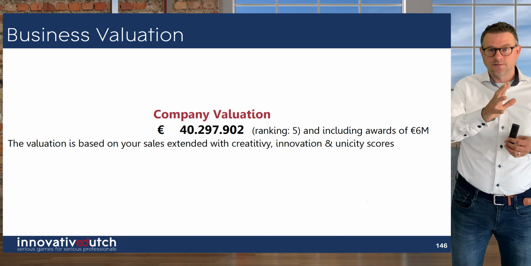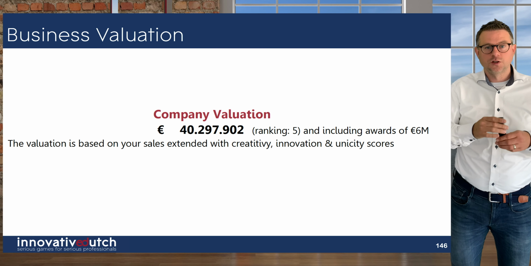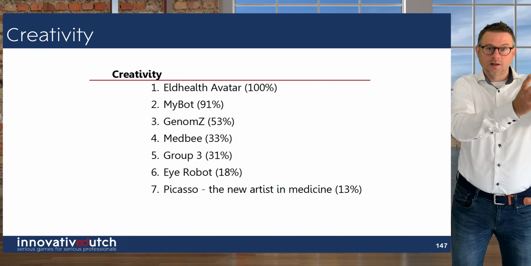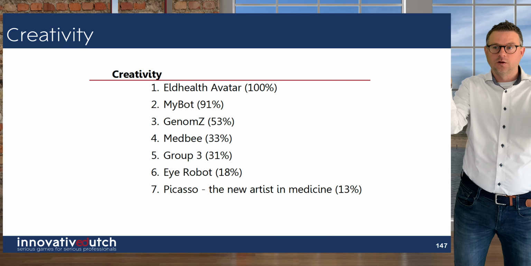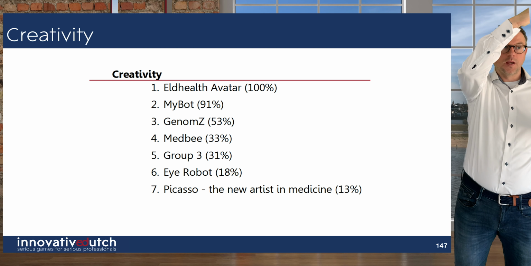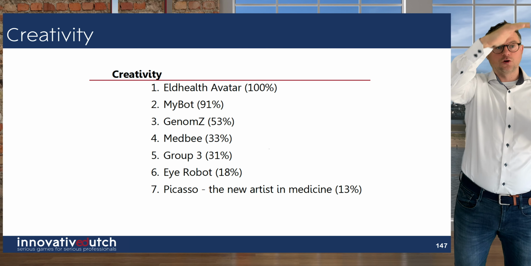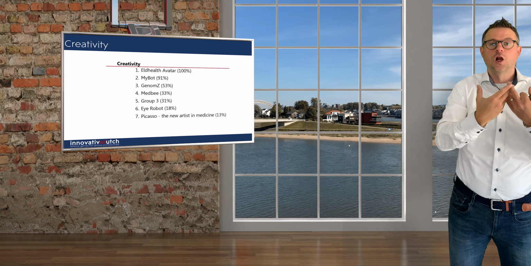First of all is the creativity score. The creativity score gives you an indication of the number of ideas in your funnel, both incrementally and radical, compared to the rest of your funnel. So if your funnel is very big on one side and very small on the other side, it has a very high creativity score. You have a very strong focus on the long term.